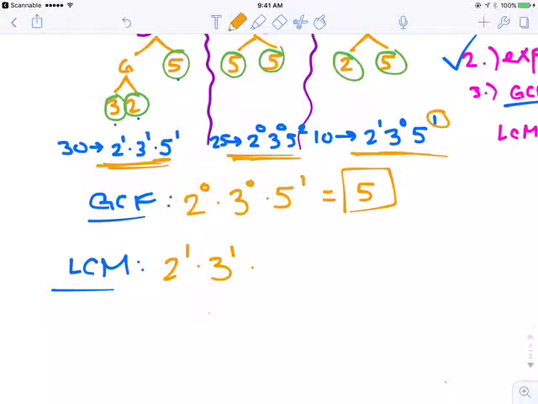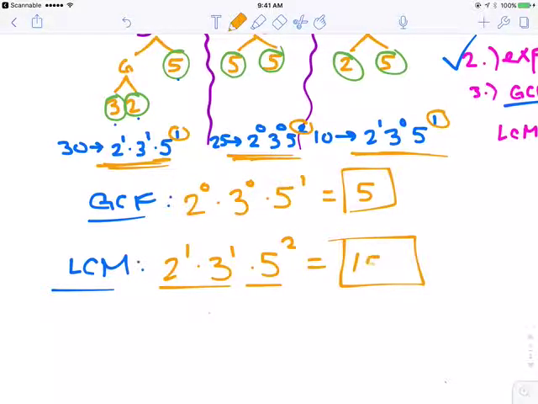I have a 1, I have a 2, and I have a 1, so it means 5 to the power of 2. So let's find out, what is that? 2 times 3 is? Times 5 squared. 6 times 25? 150. Another way you could have done it is 25 times 2 is 50, times 3 is 150.